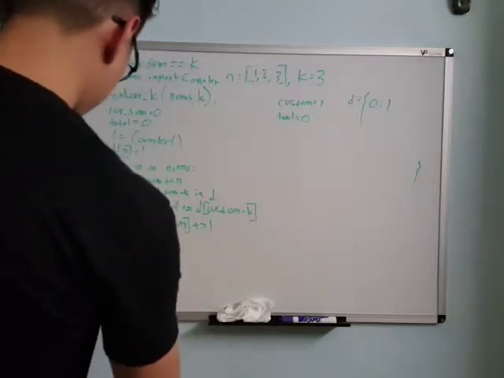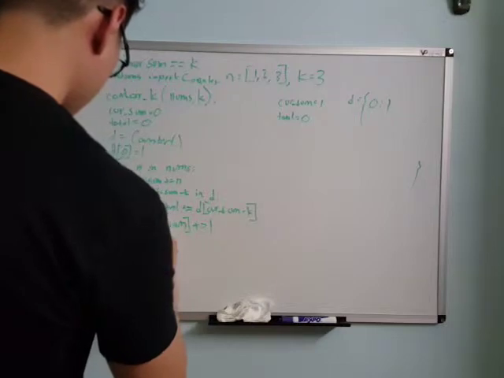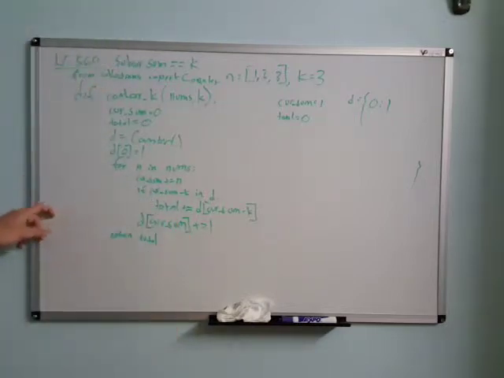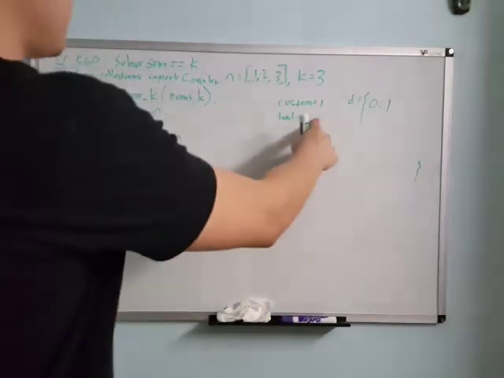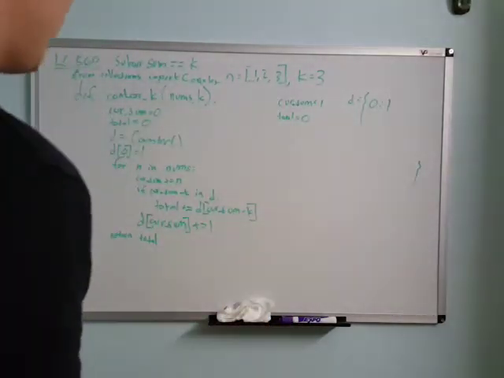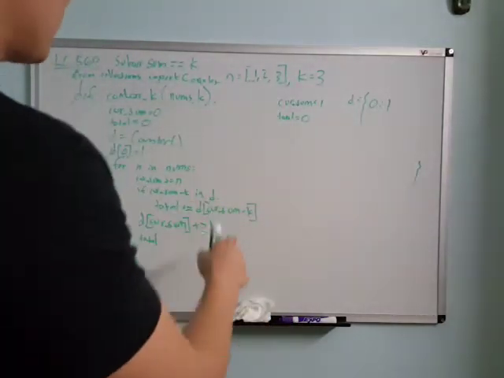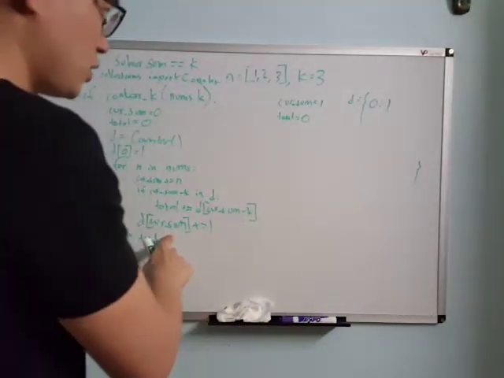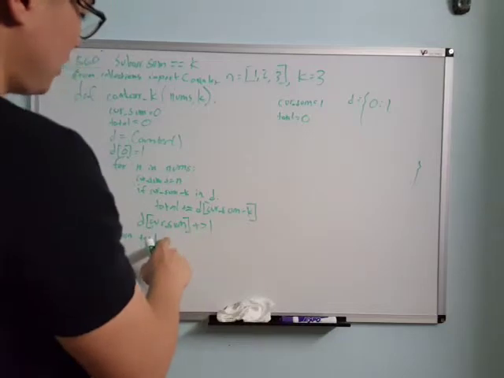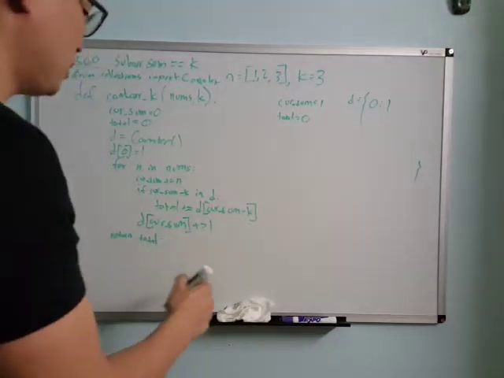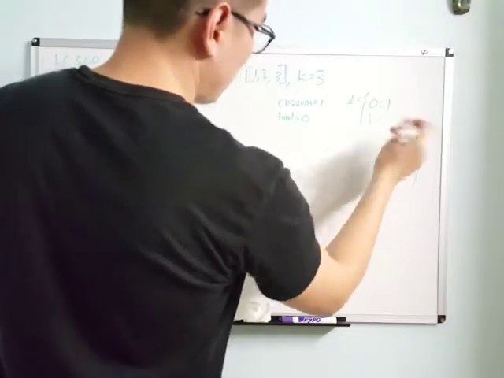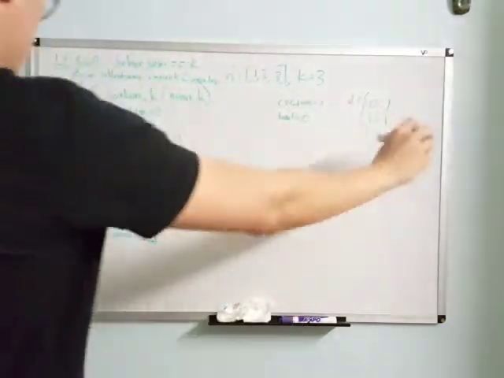And then at the end, we would just return total. So let's run through this. So the first iteration I said we have cursum 1, and cursum minus k is -2. It's not in D. So we'll set D of just the cursum, not cursum minus k. D of cursum, which is 1, plus equals 1. It was not there, so now it's 1.